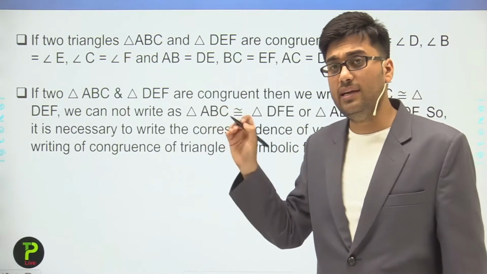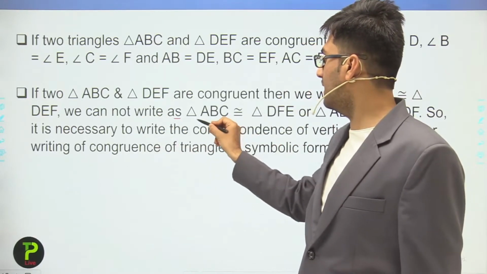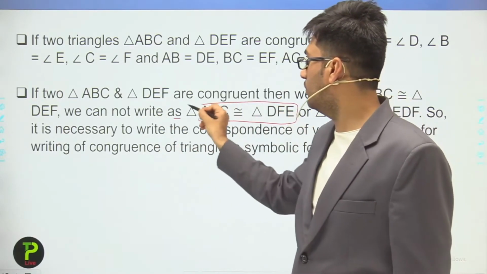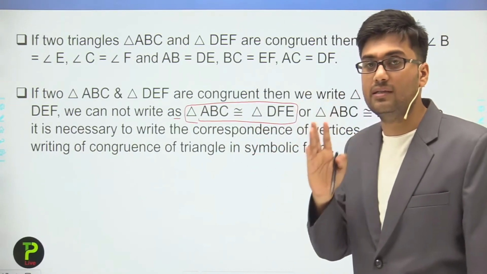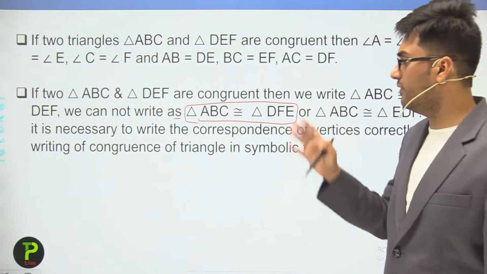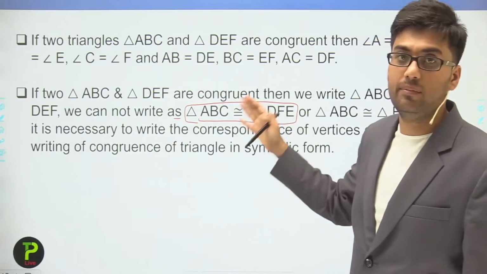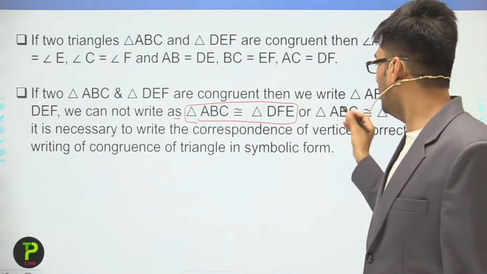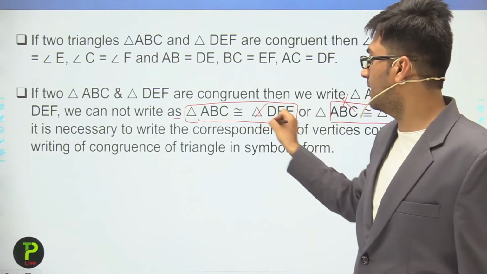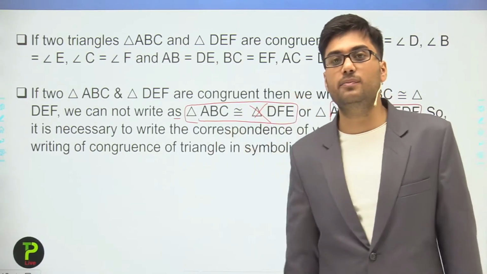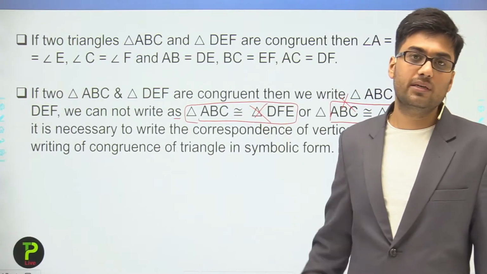And students, here we have a very important point: we cannot write it as triangle ABC congruent to DFE. We have to write in the right sequence. If DEF is congruent to ABC, then we cannot write ABC congruent to DFE or ABC congruent to EDF. These are incorrect, because by writing in this manner the corresponding parts are changed.